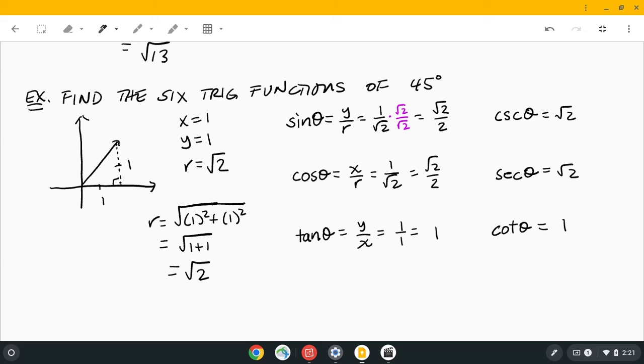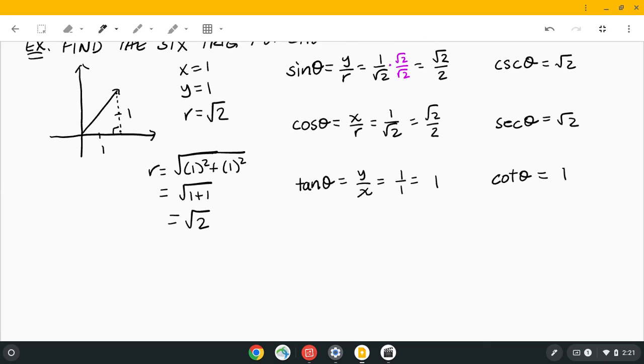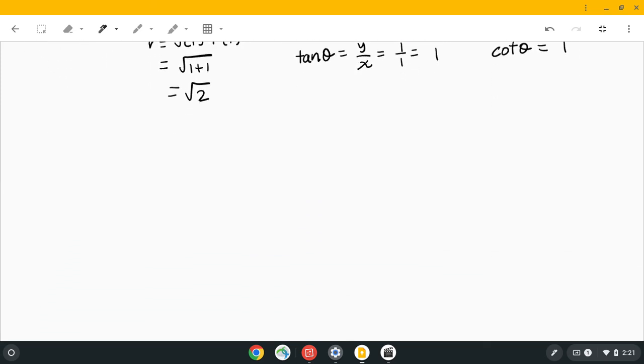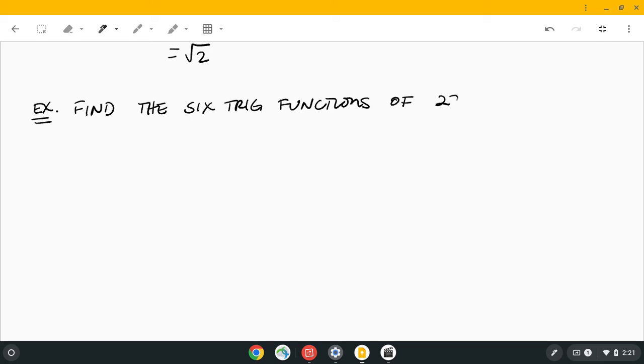Okay, let's take a look at one other one. Let's take a look at a quadrantal angle. And remember, quadrantal angles are angles that land on one of the axes. Okay, so let's do 270 degrees. Let's find the 6 trig functions of 270 degrees.